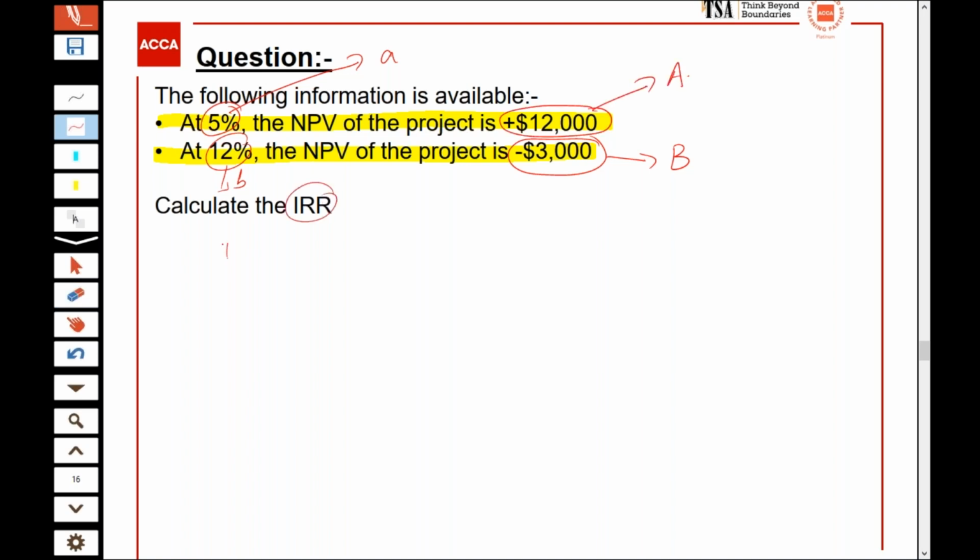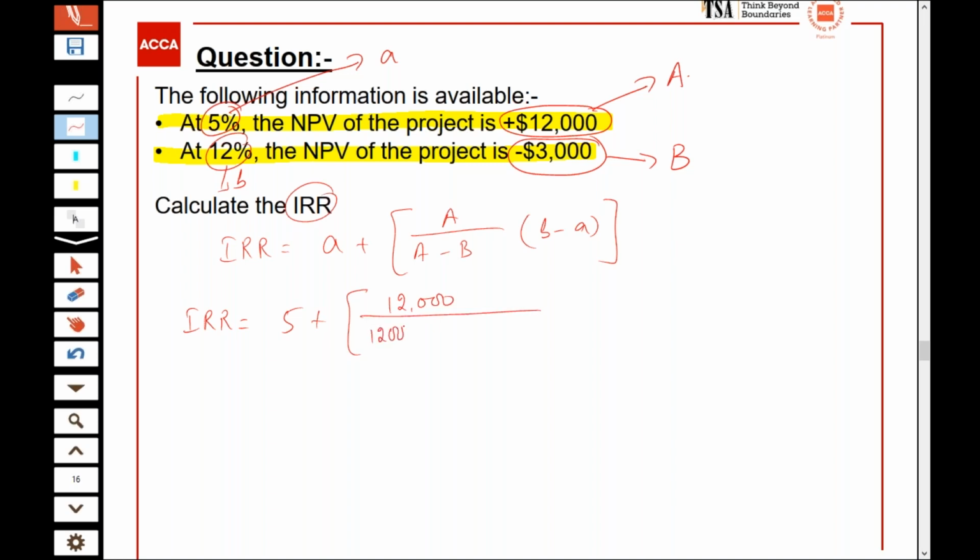IRR is equal to a plus capital A upon capital A minus B, times b minus a. This is my IRR, the internal rate of return. Small a is 5, plus capital A 12,000 divided by 12,000 minus, and capital B is minus 3,000, and b minus a is 12 minus 5.